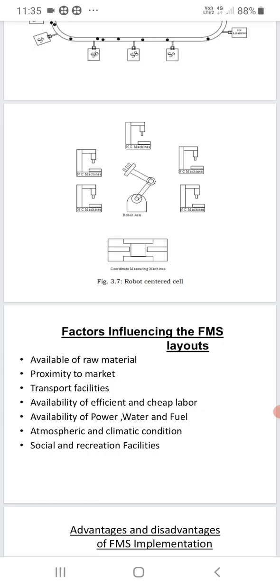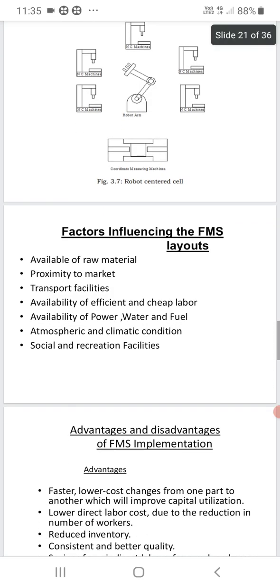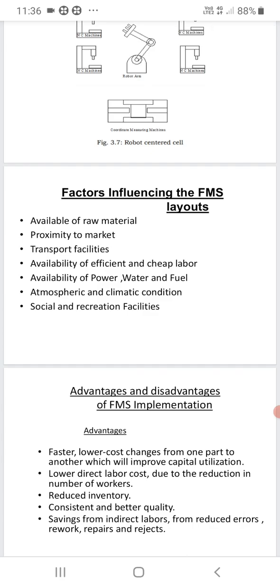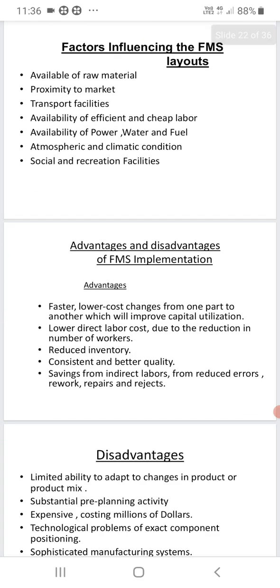Factors influencing the flexible manufacturing system are transport facility, availability of raw material, power, water and fuel also, atmospheric and climatic condition, social and recreation facility.